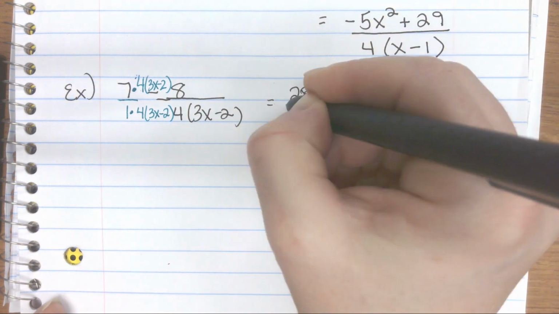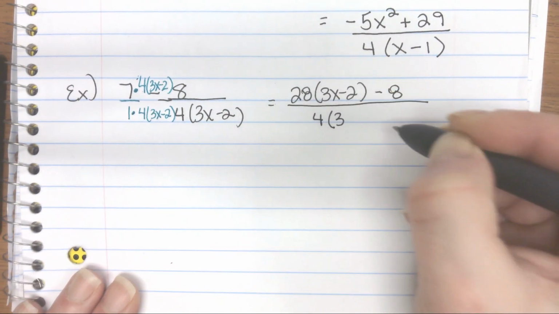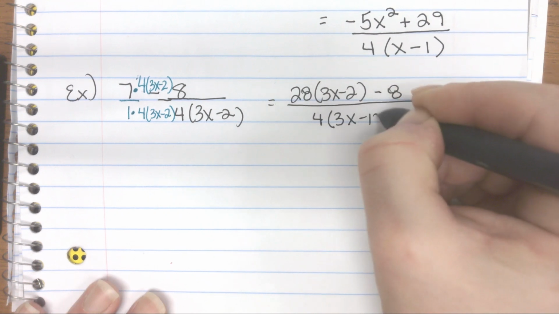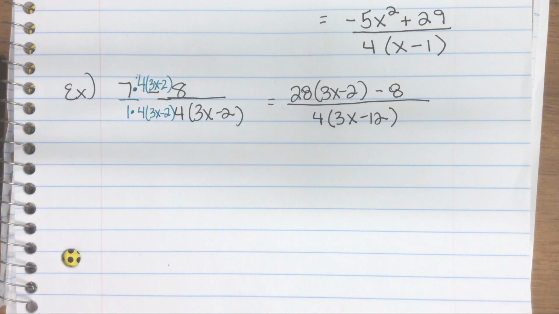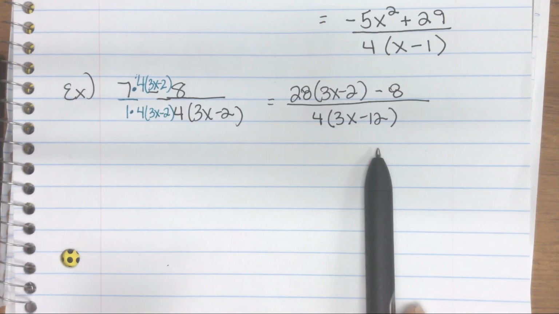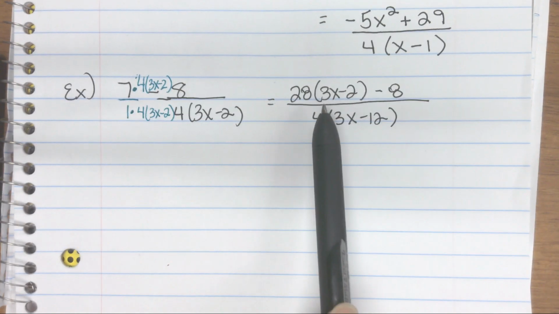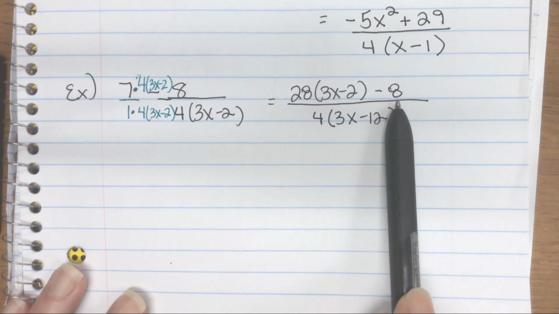And the common denominator, if you want to distribute, you can, but you can also leave it as 4 times quantity 3x minus 2. There's nothing else I could do on the bottom except you may distribute, okay? But there's not going to be any like terms you can add together. Do you see if you distributed the top, you're going to be able to add the like term with the 8? Okay, let's do that.